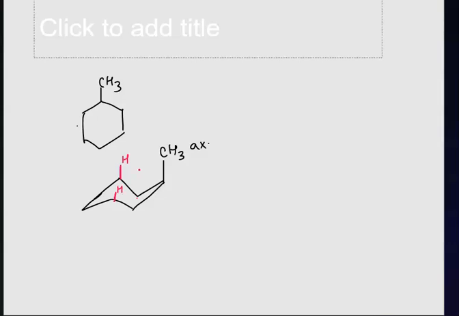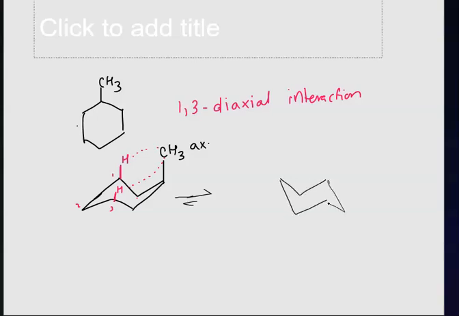We call this the 1,3 position with respect to each other: this is 1, 2, 3. These are the 1,3 hydrogen atoms, and they interact with this CH3. This is called 1,3 diaxial interaction, which brings the energy of this conformer a little higher than its flip conformer. When you flip it, you get the conformer which looks like this.